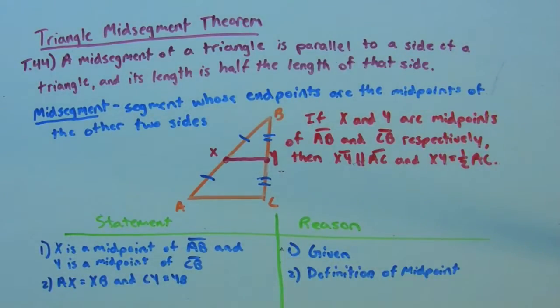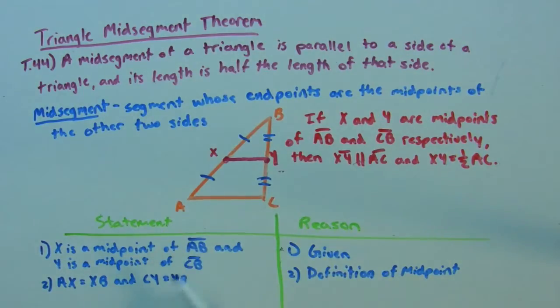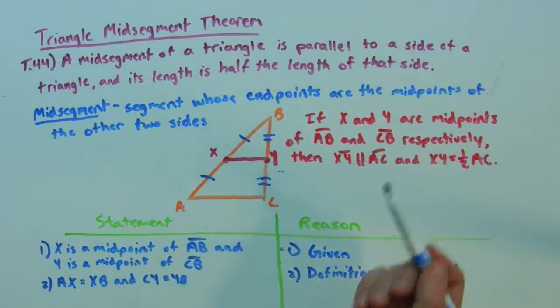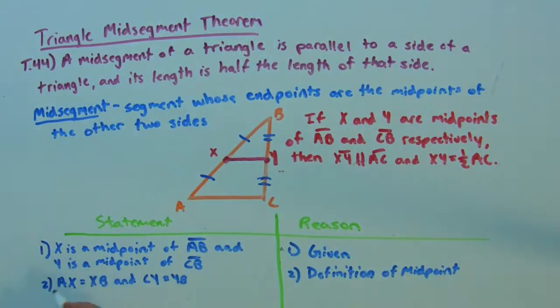We can also say by the segment addition postulate that AX plus XB is equal to segment AB, and CY plus YB is equal to segment CB.